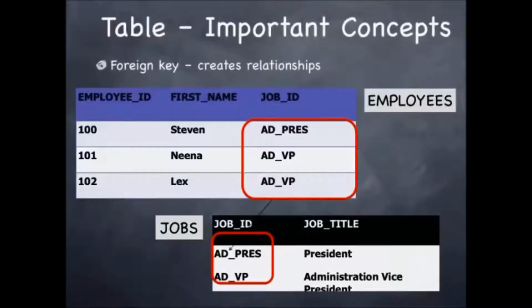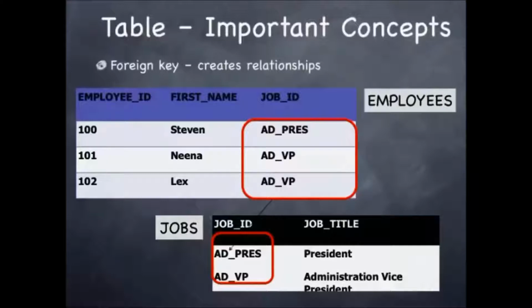Now, there is a relationship between these two tables, and the relationship is defined by the job ID column in the employees table. Notice that some of the employees also have the same job ID. Now, what is important to observe is that the values in the job ID column of the employees table are all existing values in the job ID column of the jobs table.